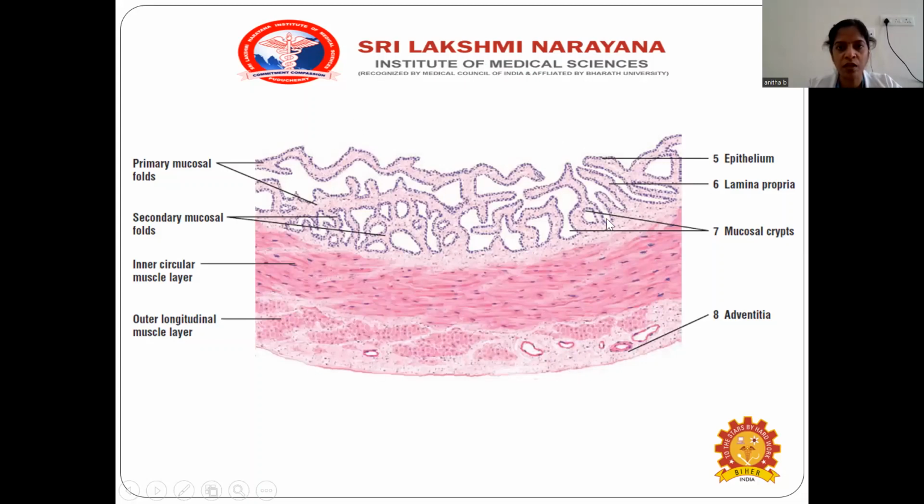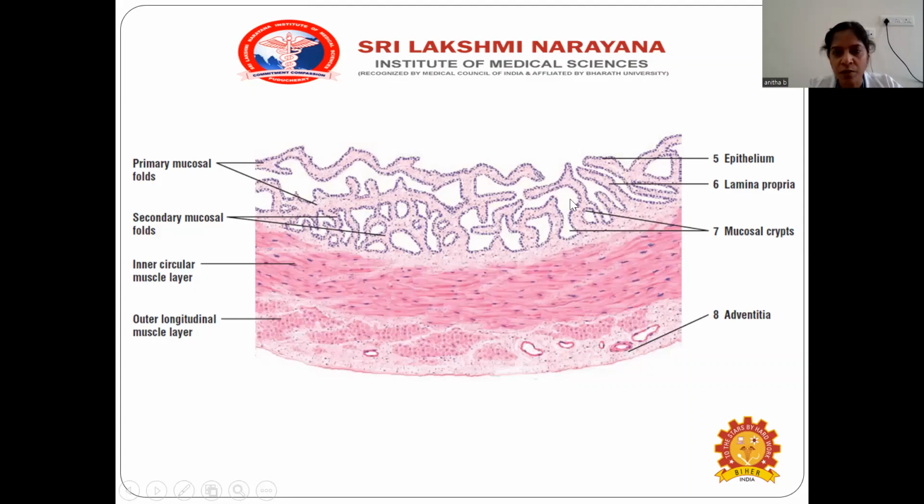When you see the mucosa, how will it look? It is thrown into numerous highly complex folds. So these are the folds. Usually we divide them into primary mucosal folds and secondary mucosal folds. These folds will be lined by pseudostratified columnar epithelium. Then the lamina propria will be there.